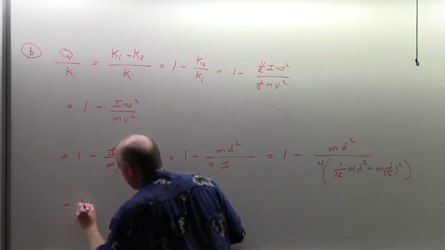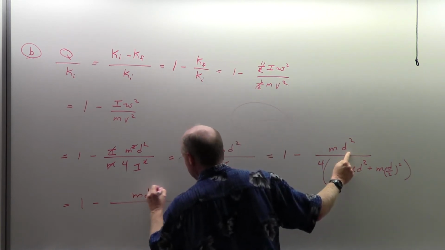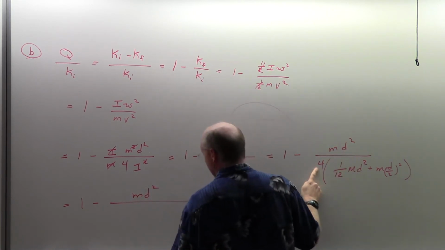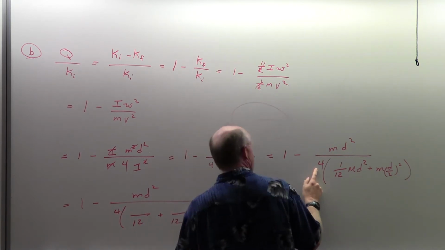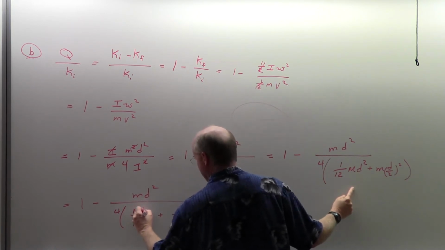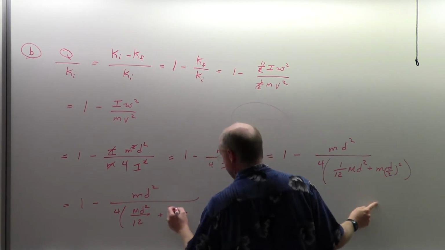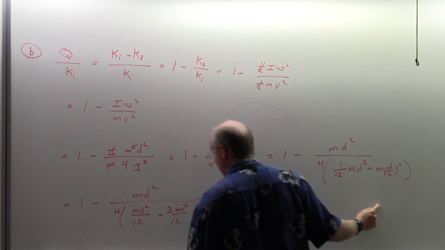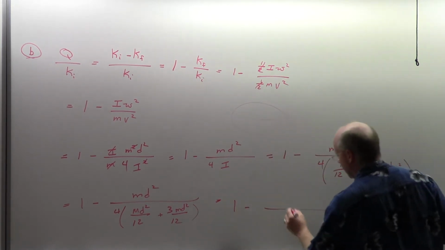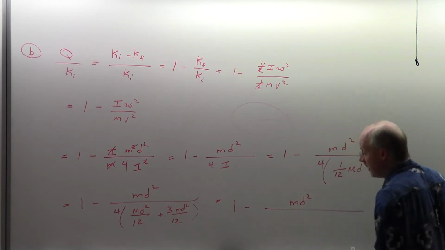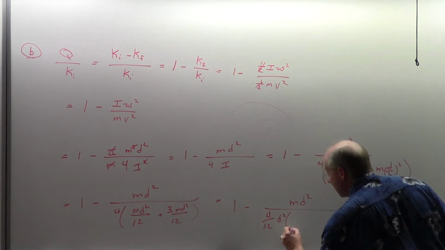And so maybe I should give myself some more room. 1 minus, I've got the md squared there, and here's the 4, and as we did before, why don't I write that over 12? This is the md squared here, and then this is 3md squared there. So 1 minus, and I've got an md squared, and I can factor out a 12 and a d squared like we did before.